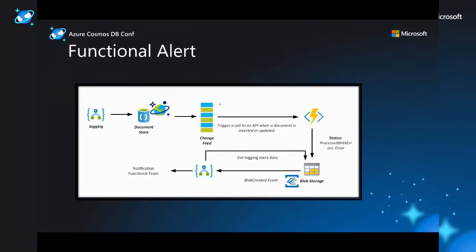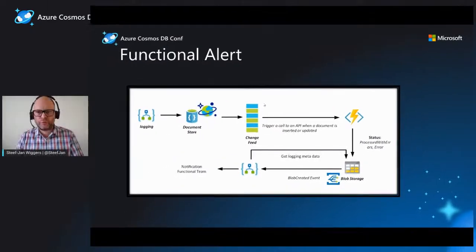What we also created was a functional alert, meaning that we also leveraged the change feed capability in Cosmos DB. Some of those events or loggings were information coming back from Dynamics indicating whether a job was filled or not. So it's kind of event sourcing, looking at the state of each of these processes: filled, processed with an error, or an error, meaning that we want to isolate the information and push it into a blob storage, leading to a blob created event.